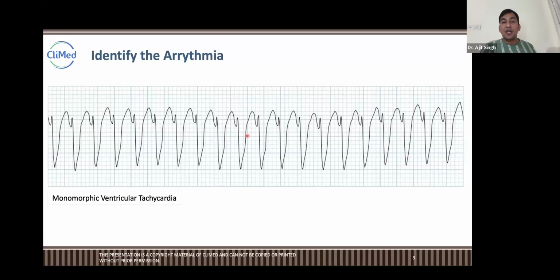The opposite of monomorphic is polymorphic. If it is polymorphic, there will be multiple differences or variations in each beat. Morph means the generation of impulses. From the ventricle there is usually a scar, and scar means there is an injury.